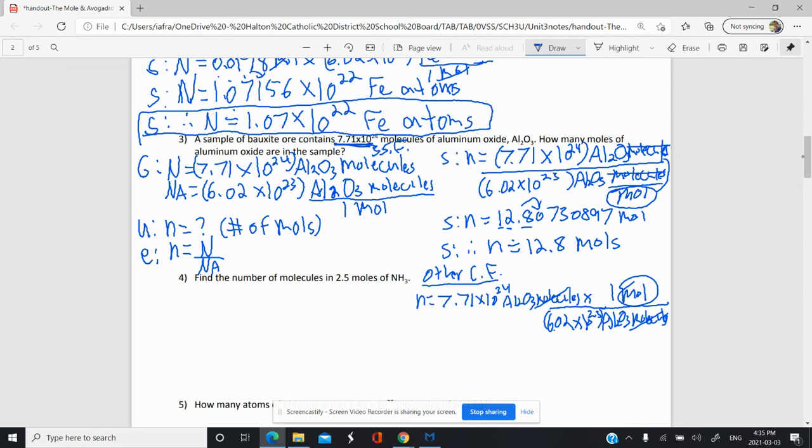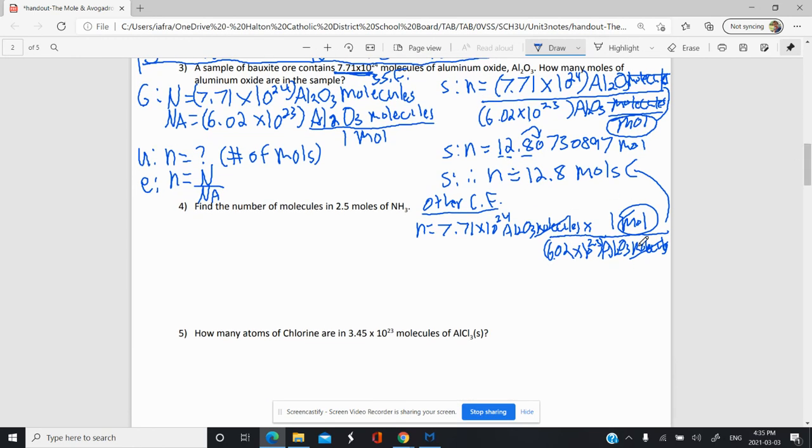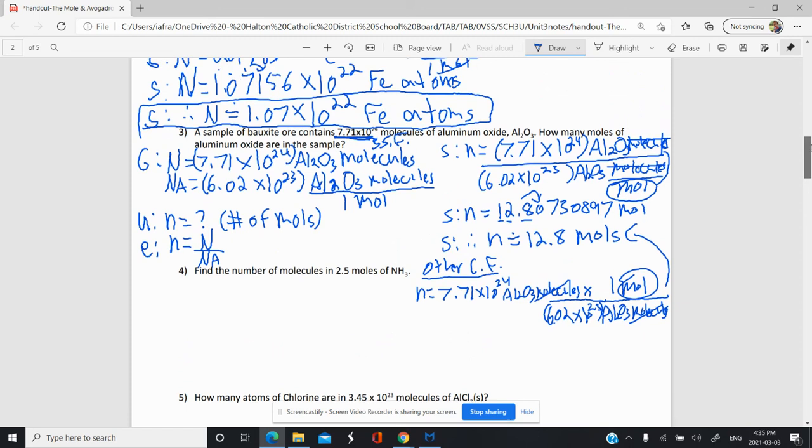So we'd be 7.71 times 10 to the power 24 divided by 6.02 times 10 to the power 23, and you get your final answer over here as well. So they're equivalent methods of doing it. It's just that with the formula, you need to show your formula for one, and it automatically gets you to that division. Whereas with the conversion factors, you're setting up the conversion factor and then afterwards multiplying and dividing.